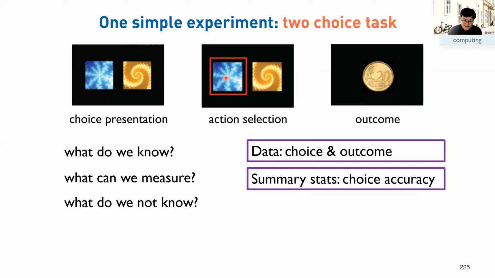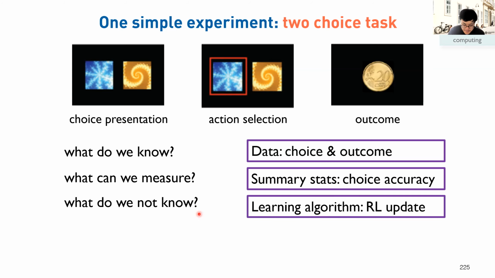And then the very last one is what do we not know, but what we want to know? We want to know the motivation or the cognitive process, why they make this behavior. After 100 trials, if the participants can figure out, after repeatedly making the trials and observing the consequence, what is better and what is worse, they then make decisions accordingly.